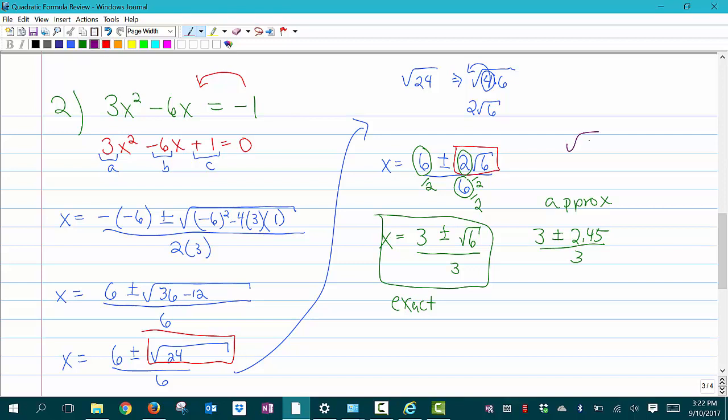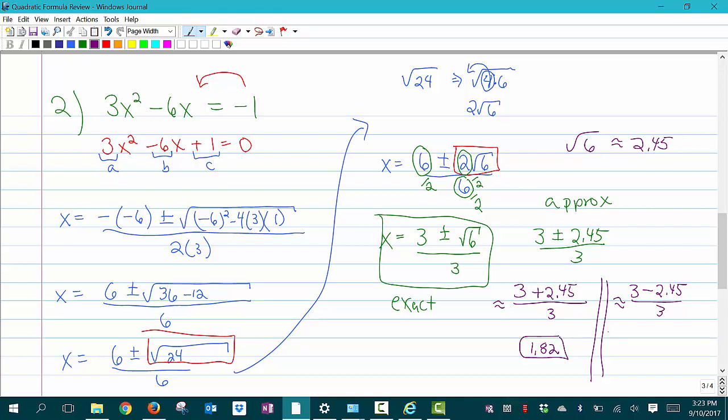So we will do 3 plus 2.45 divided by 3, and we will do 3 minus 2.45 divided by 3. So our 2 approximate answers would be 1.82 and then also 0.18. You should be able to find both the exact and the approximate answers.